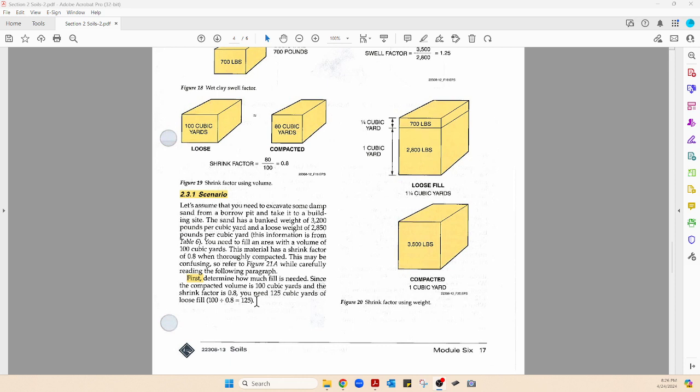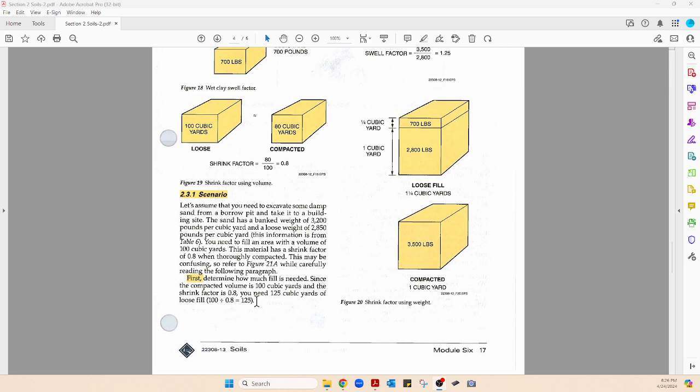The reason I did that is I wanted to know the total weight of that soil that I had to bring over to that site. So when I multiply 125 cubic yards times 2,850 pounds per cubic yard, I came up with 356,250 pounds total weight of soil.